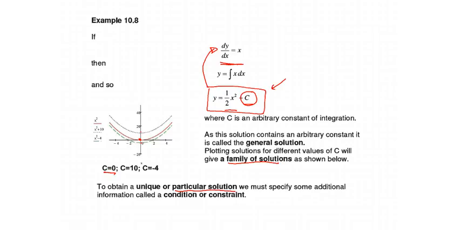This is an example of a general solution, where we have a constant there and we haven't decided a particular case that we're going to use. So that's a general solution. When I've decided that I want y to equal 0 when x equals 0, then that becomes a particular solution.